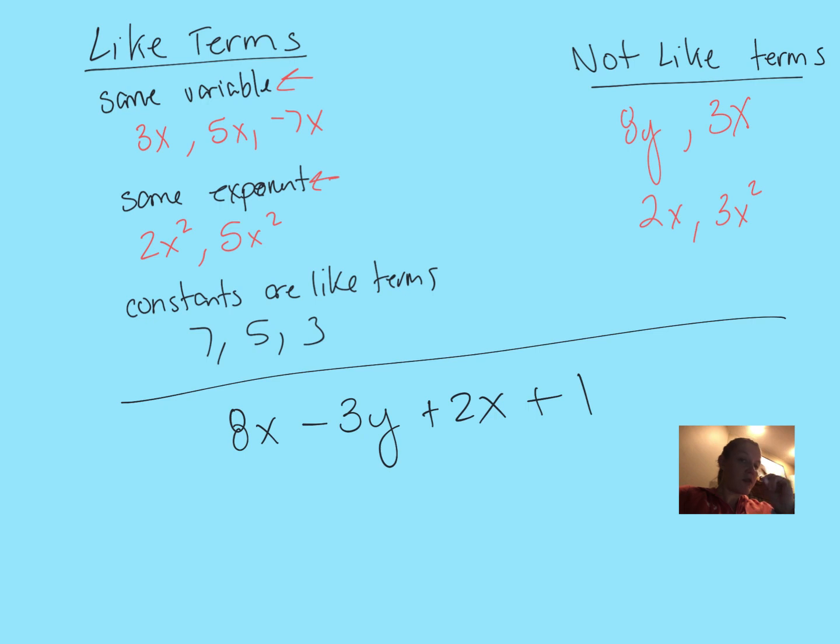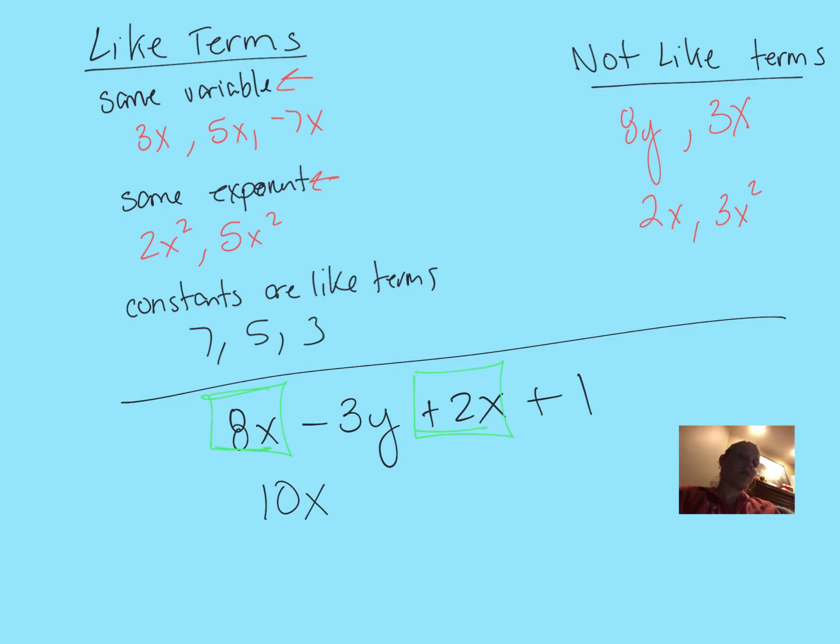So if I'm looking across this, the only like terms I'm seeing are the 8x with the positive 2x. Notice I took that positive sign, the plus sign, so whatever is in front of your term is connected to it. So that positive sign goes with the 2x. So I have a positive 8x, and I got a positive 2x. Well, together that makes 10x.